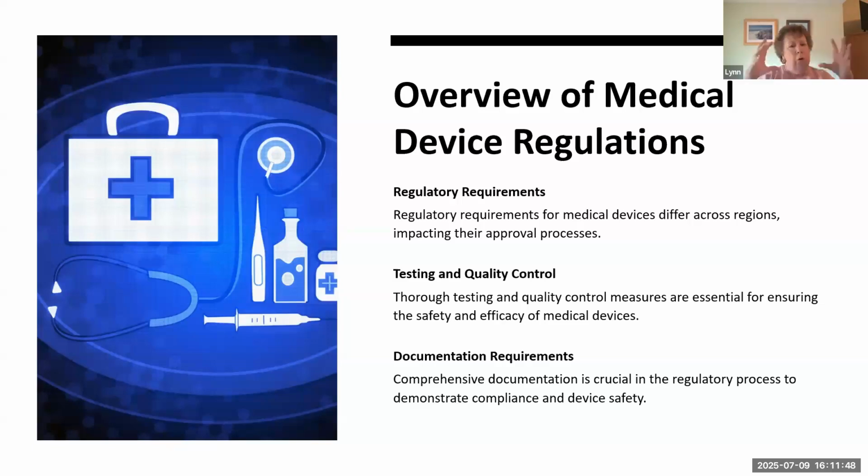So there's very rigid regulations around those medical devices. And we want them to be, right? These are life-saving devices. So regulations, as perhaps future customers or loved ones who are going to be customers, we want those regulations in place.